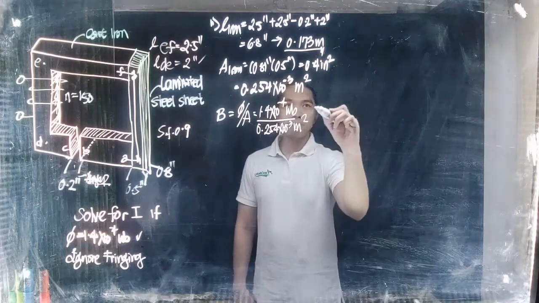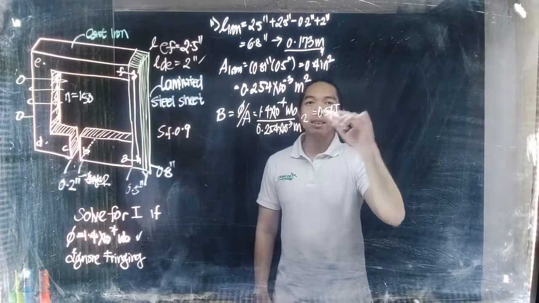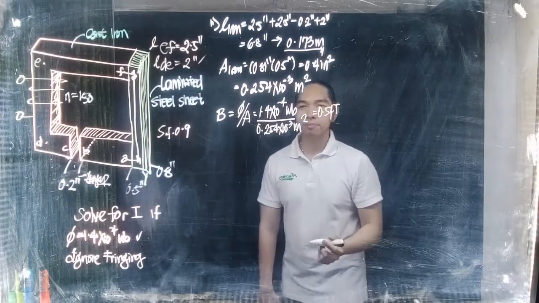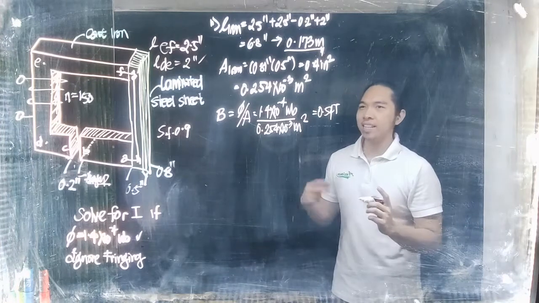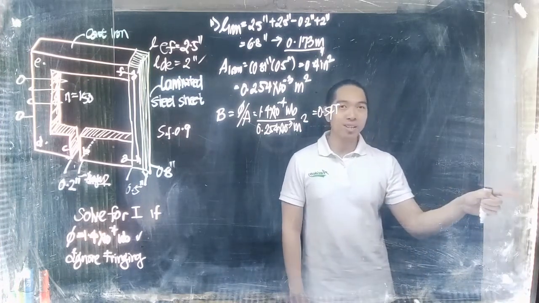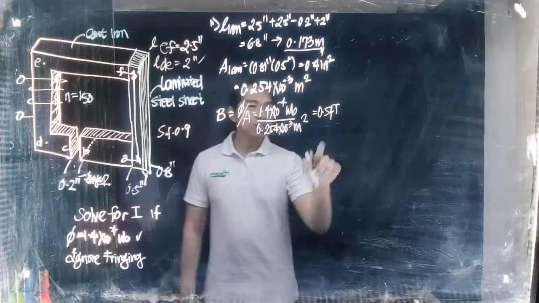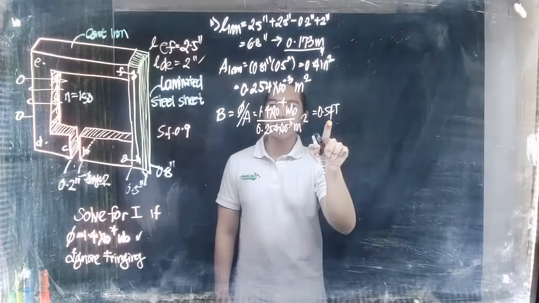For our B, we obtain the value of 0.54 Tesla. My explanation is a bit fast because I already know the values, and some of them are on my solution sheet at the right. So we now have 0.54 Tesla.